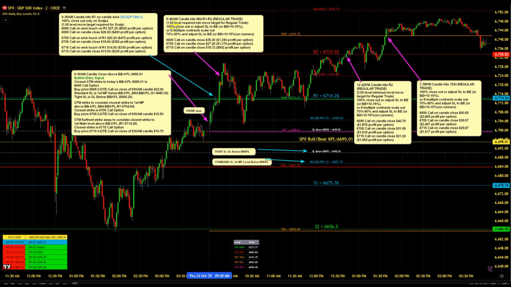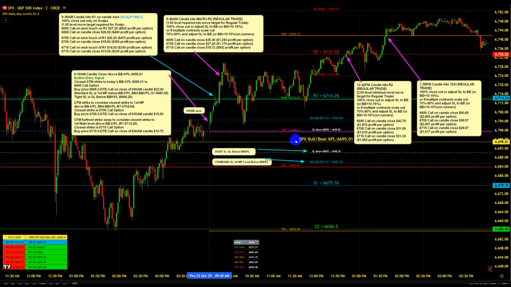As we can see, this happened at 9:38 where you're out of the scalp on that candle, and 10 minutes later it does hit the 1.5 level move here, which on a trade that's starting from the bull bear key price level, is the mid R1 R2 level. So the trade is derived from this bull bear key price level.